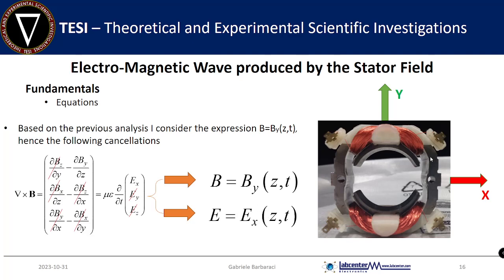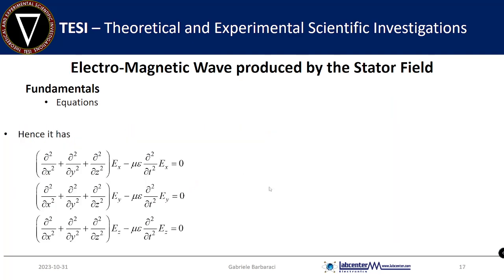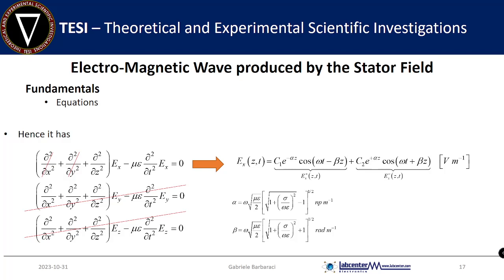Rather, a magnetic field which varies along the y direction generates an electric field that is sinusoidal along the x direction. By having said that, the number of differential equations that we have seen before reduces to only one. Moreover, since there are no variations along x and y, we can substantially identify the electromagnetic wave in terms of parameters like alpha and beta.